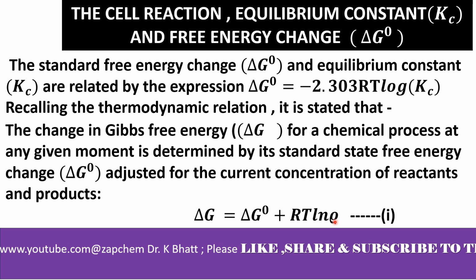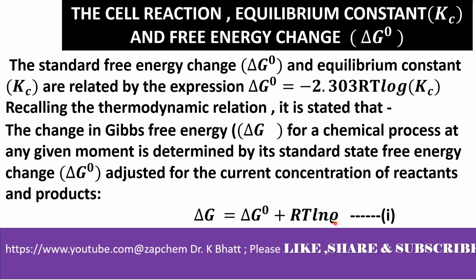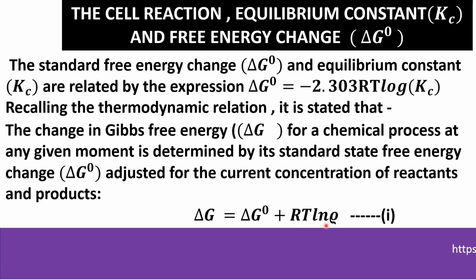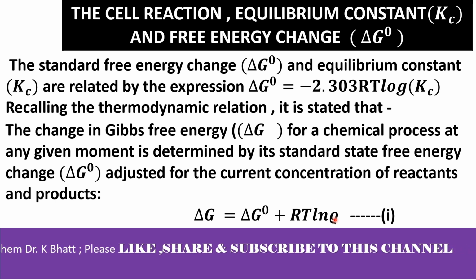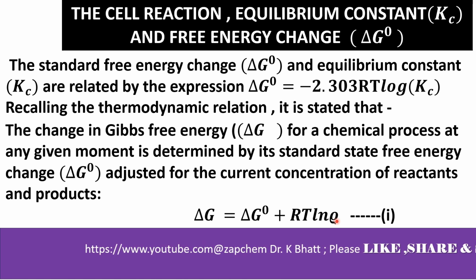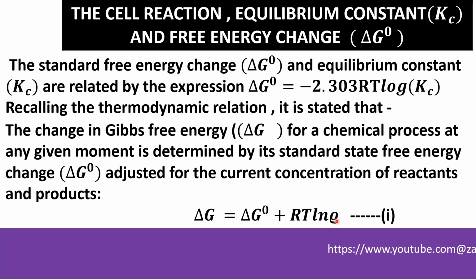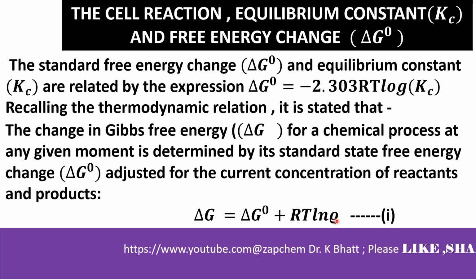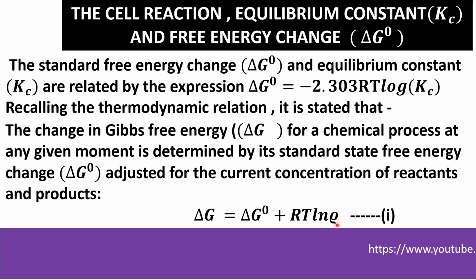This looks like Q, but as I have told you, it is not the English capital letter Q. This is a Greek letter which is known as Vero. So RT ln means the natural logarithm of the reaction quotient, that is Q. We must learn that this is known as Vero, looking like Q. In many books you will find it almost similar to Q, but my advice to you is that you learn the proper term here.